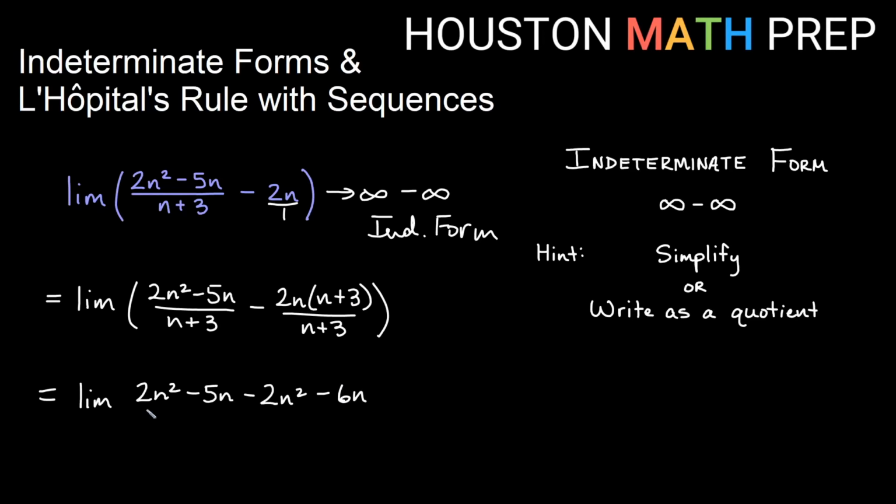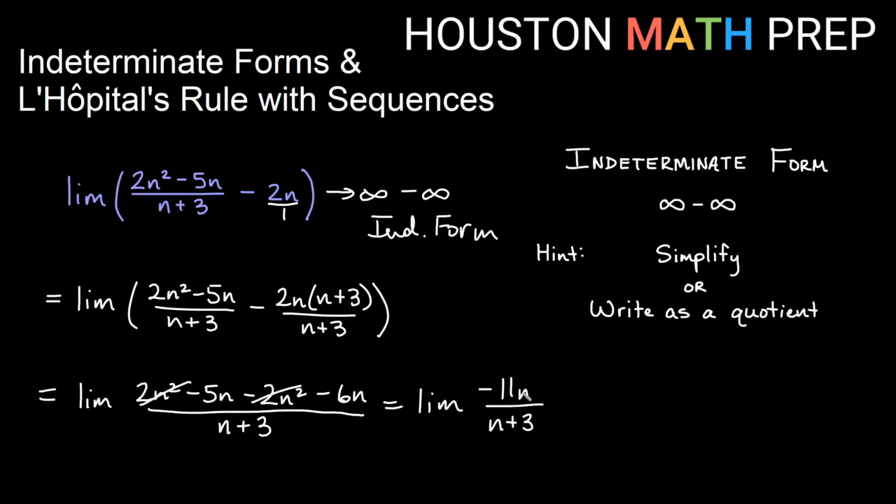And then everything is going to be over n plus 3. And if we see some things reduce here, we have 2n squared minus 2n squared. That will be 0, right? So we end up with the limit of negative 11n over n plus 3.